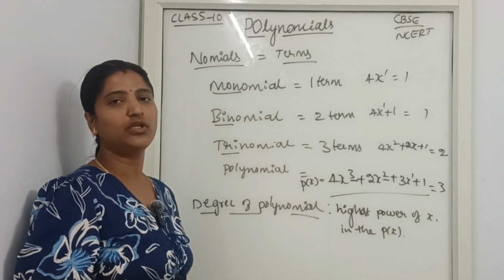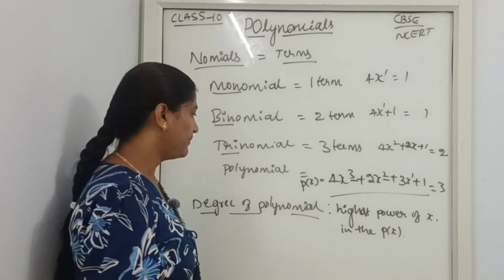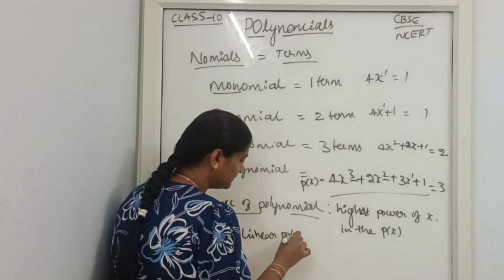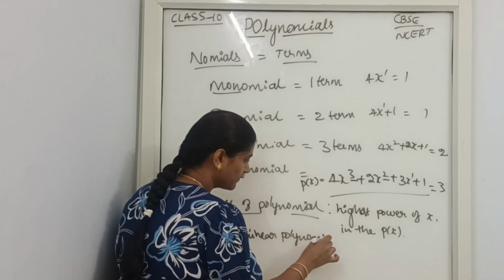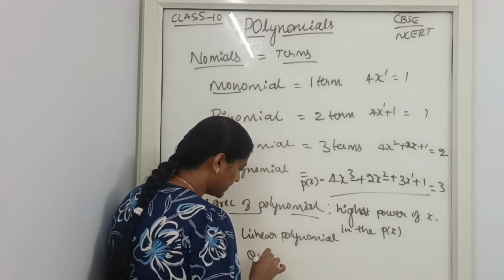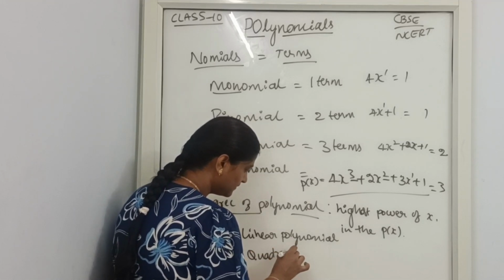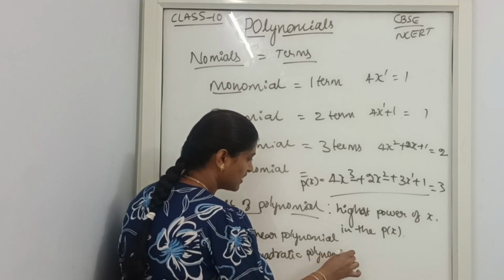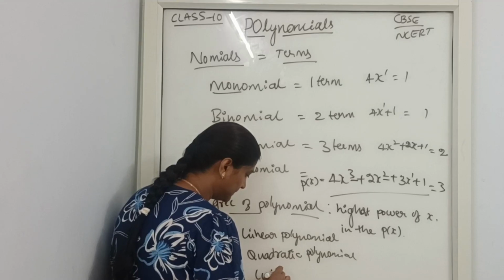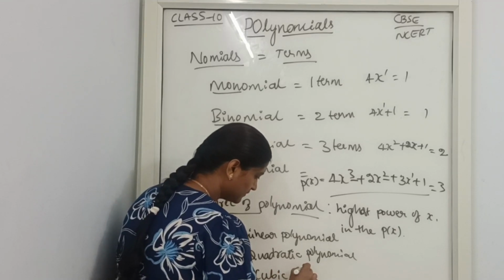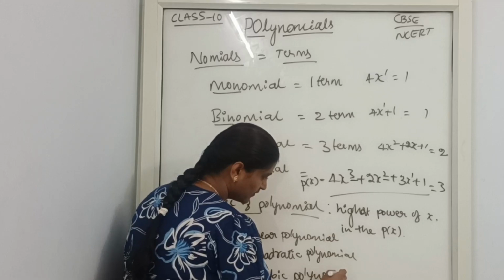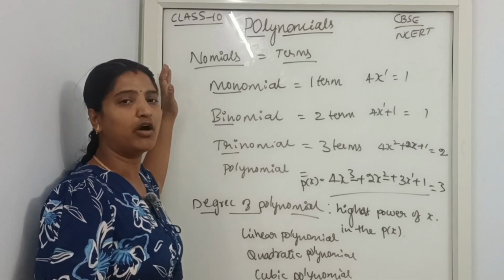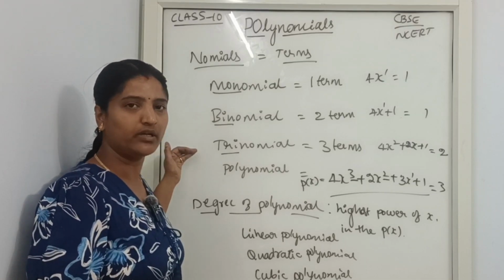Based on the degree of the polynomial, we can name it as linear polynomial, quadratic polynomial, and cubic polynomial. So based on the terms, it is monomial, binomial, trinomial and polynomial.